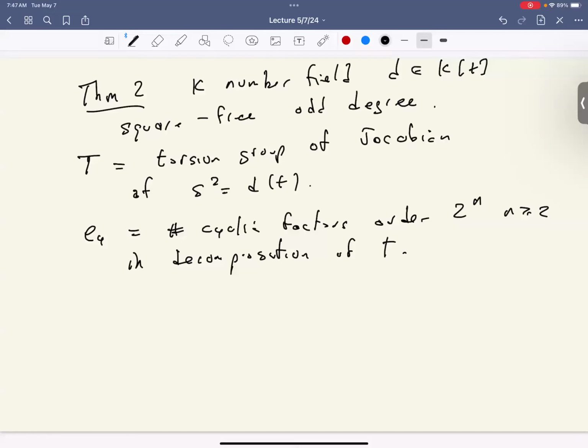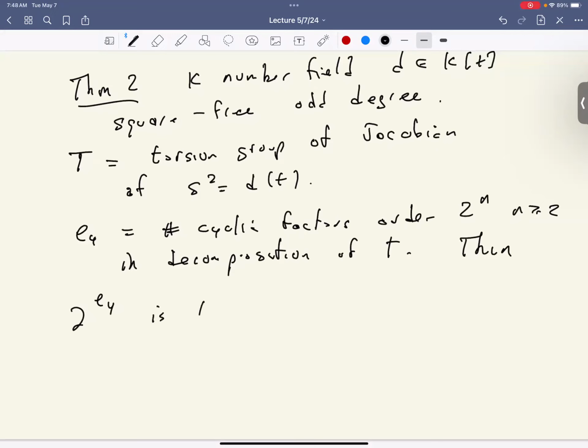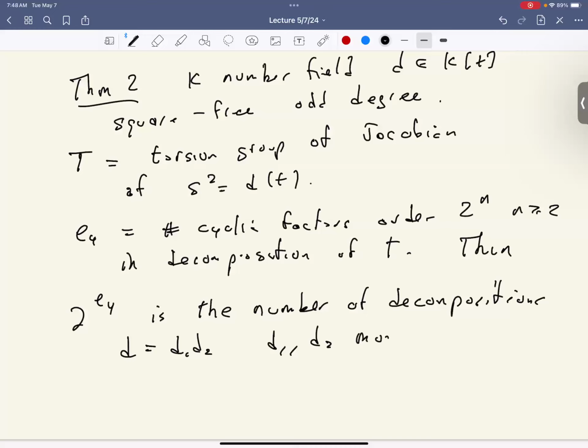Then you have the exact analogous result. So 2 to the E4 is the number of decompositions of D equal to D1 D2. These are polynomials now, but these are monic. If D is odd, then one of them is odd and one of them is even.